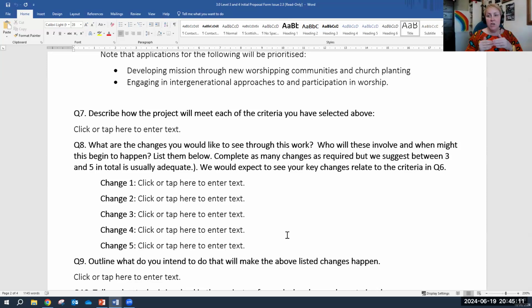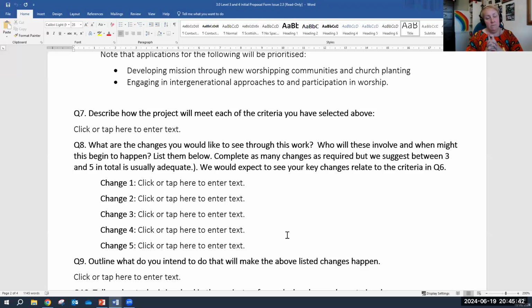And then within these changes, we want you to cover the who and what and how that we talked about in the guidelines for level 2. Who will these involve? And when might that happen? So we're adding in a bit of a timeline now as well. What length of time are you expecting before you start to see this change? List them below. Complete as many changes as required, but we suggest 3 to 5 in total is adequate.